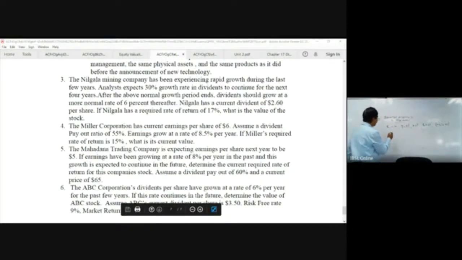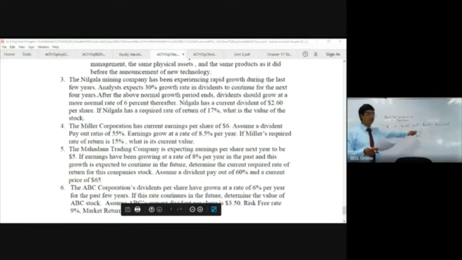So you can put P0 is equal to D1 divided by k minus g. But here D1 is not given, but E1 is given. So in place of D1, you can write E1 into 1 minus b divided by k minus g.